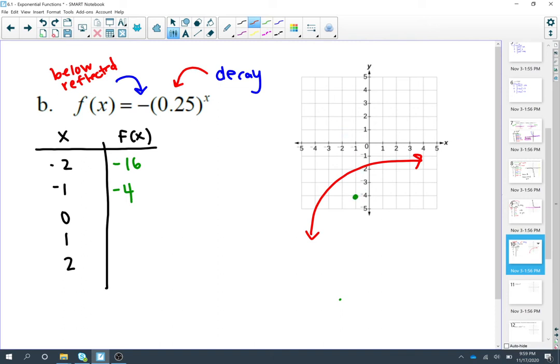If I substitute in 0, I'm going to get -1. If I substitute in 1, I'm going to get -0.25, which is -1/4. If I substitute in 2, I'm going to get -0.0625, which is even smaller.